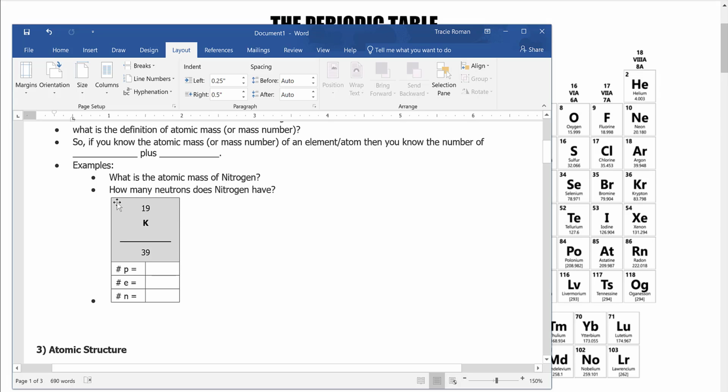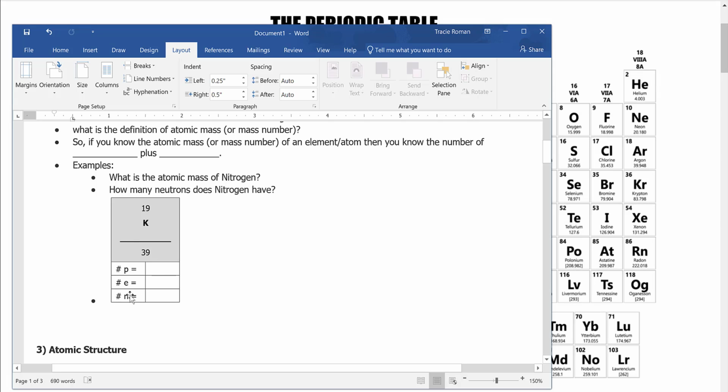The elements on the periodic table are always given as the neutral atom, and in a neutral atom we have the same number of protons as we do electrons. So the number of electrons would also be 19.